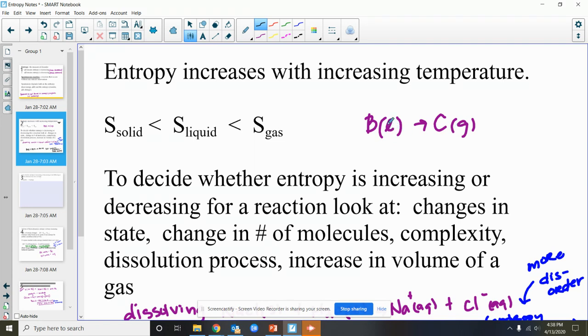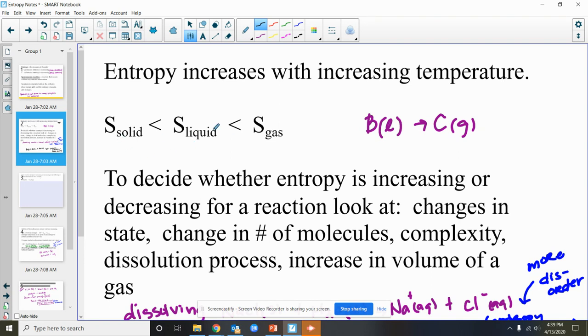I have some order, and it's going to more disorder. Liquids have a lower amount of entropy, gases higher. So when you see a change in state like this, it's an example of increasing entropy. If you were to go the other direction, let's say we had a liquid that we were going to freeze into a solid, that would be a decrease in entropy.